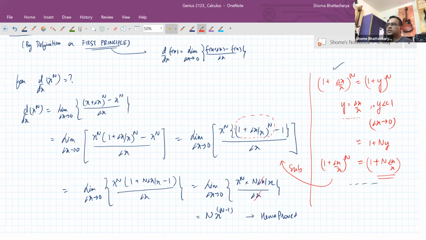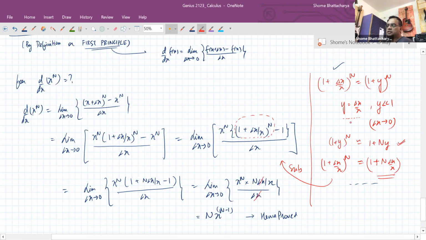So delta x by x will always be very small compared to 1. So y is very small compared to 1. Okay. So this is the binomial approximation for this step, that (1 plus y) to the power n is approximated as 1 plus ny. Okay. This step is clear now?